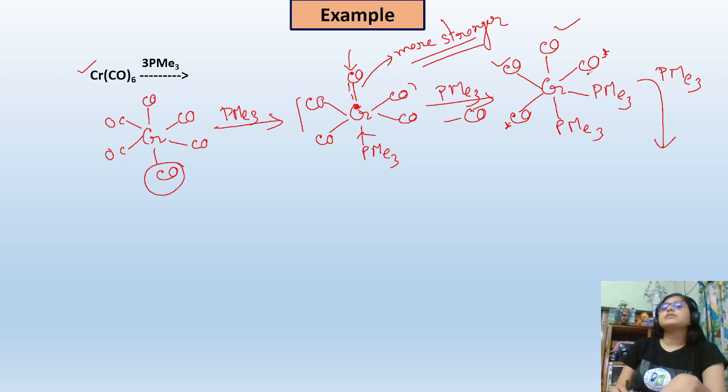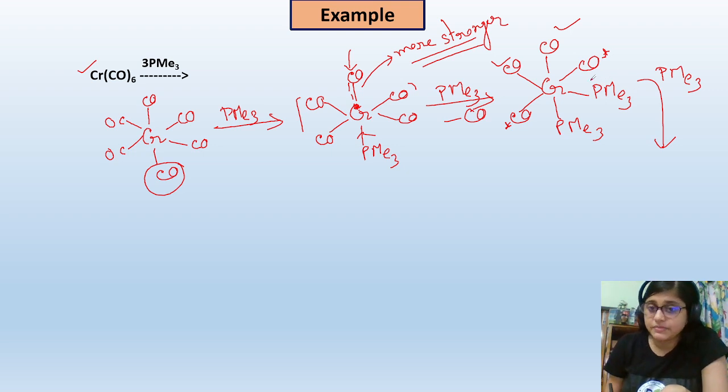So which kind of CO will be removed now? See, these are trans to PMe3. I have shown you that the COs which are trans to PMe3 have a stronger metal-CO bond. So this is stronger, this is stronger. Both are stronger, so these will not be removed; any of the others will.